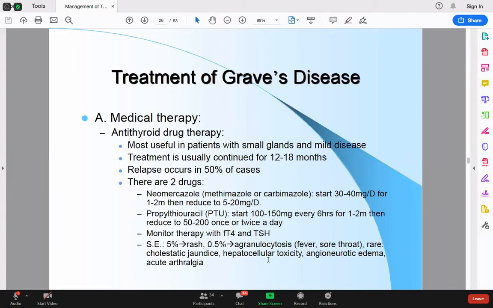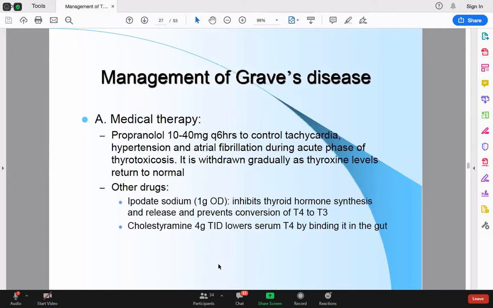And the way we can advise people, first, we can regularly check the CBC, so check the white blood cells, but we also usually advise the patient to seek medical attention if they have any fever or sore throat. Because if you have low immunity, if you have no white blood cells, usually you are prone to infection, in particular sore throat from a streptococcus, okay? Others, you may have cholestatic jaundice. They also both can cause hepatocellular toxicity and arthralgia, okay?